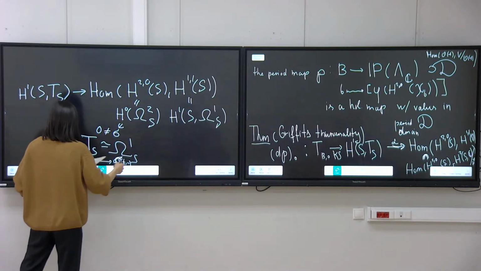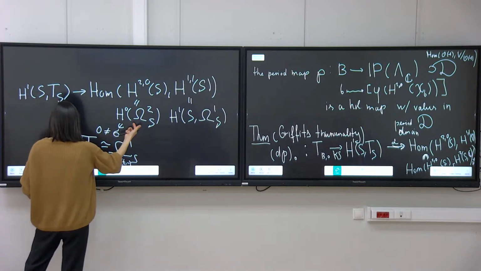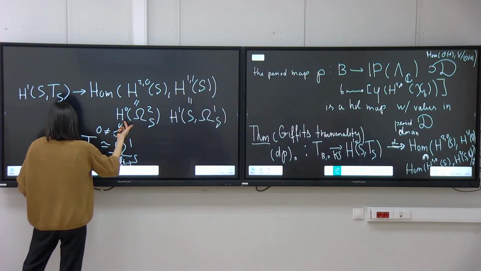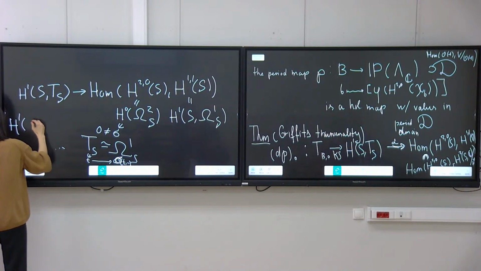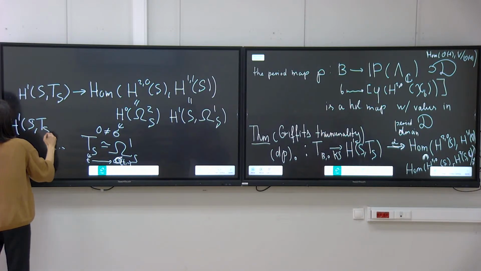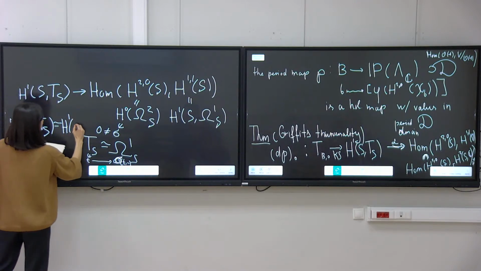define this map? So in the case of a K3 surface, this map gives you just a canonical identification.